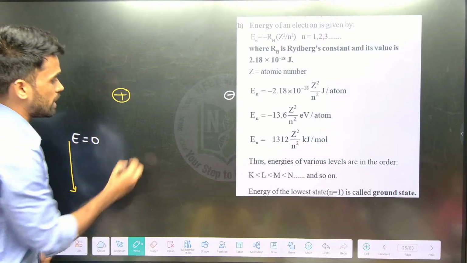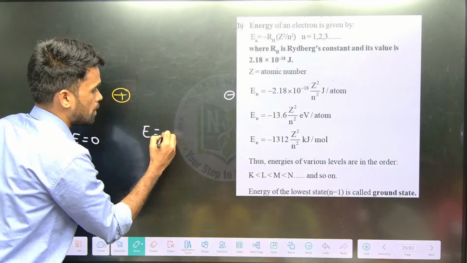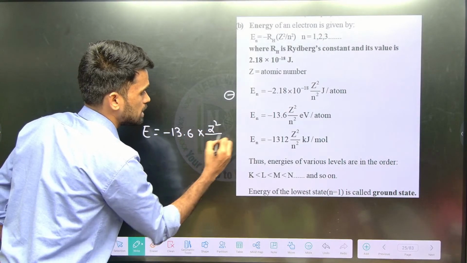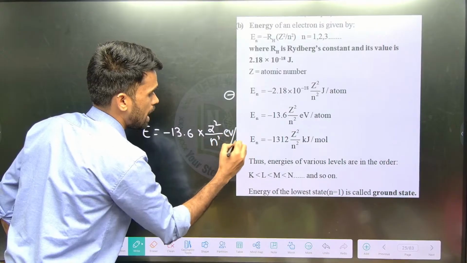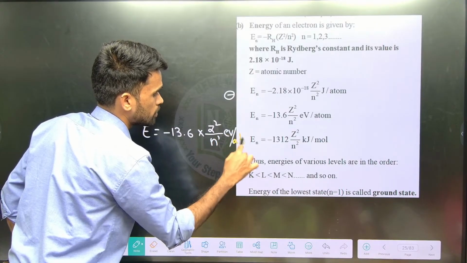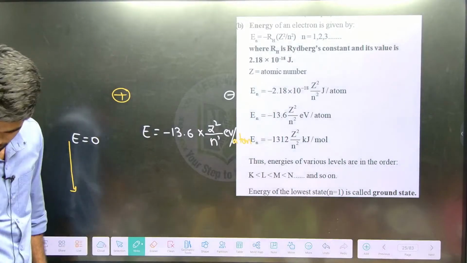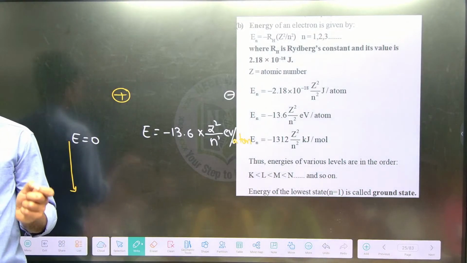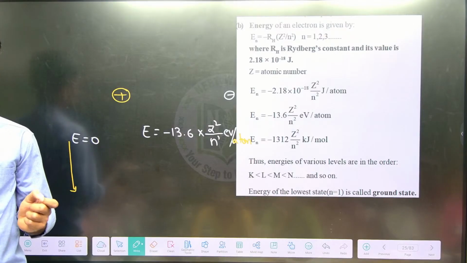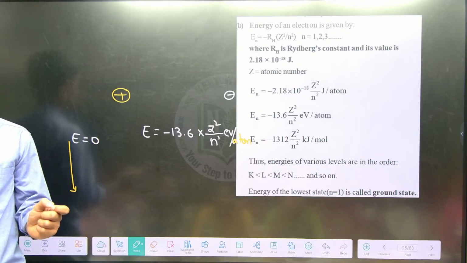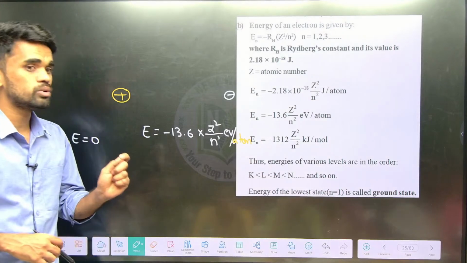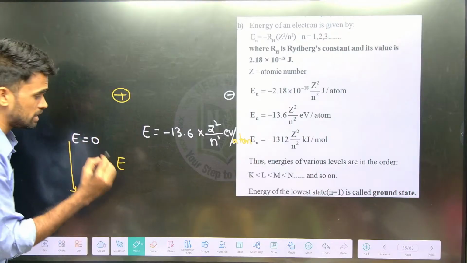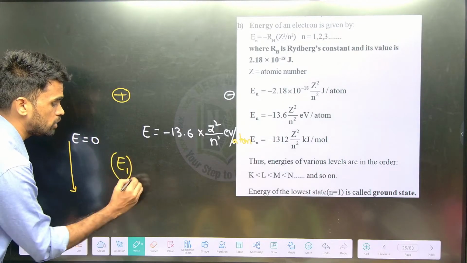Now the formula of energy is: E equals minus 13.6 into Z square by N square electron volt per atom. Once again, E equals minus 13.6 into Z square by N square. Now try to calculate the energy of the electron present in the first Bohr orbit of hydrogen atom.